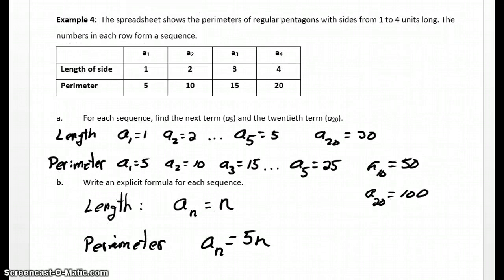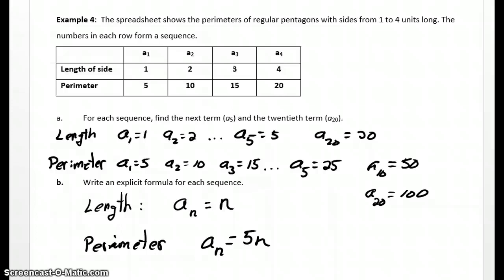Example 4 shows 2 sequences, the length of a side and a perimeter, and we're wanting to find the sequence for each one in an explicit formula. So if I look at the length of the side of a regular pentagon, if one side is 1, we're going to let a side for the next sequence be 2, and the next be 3, and so forth.